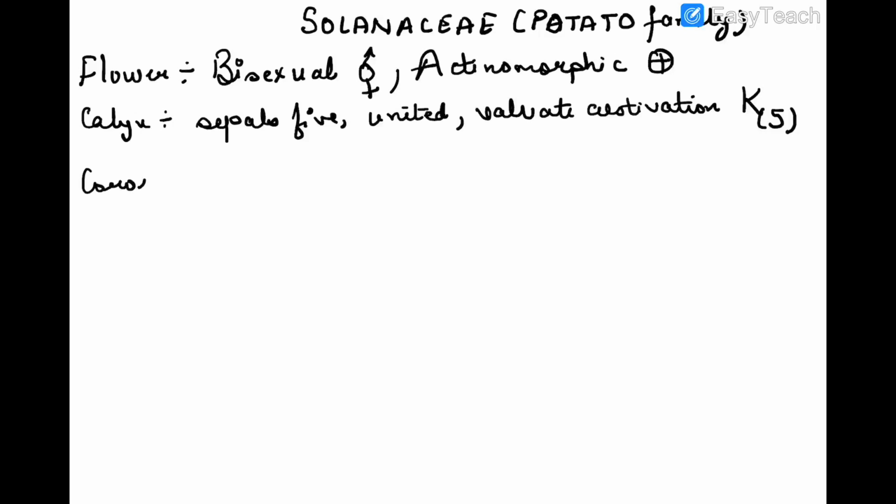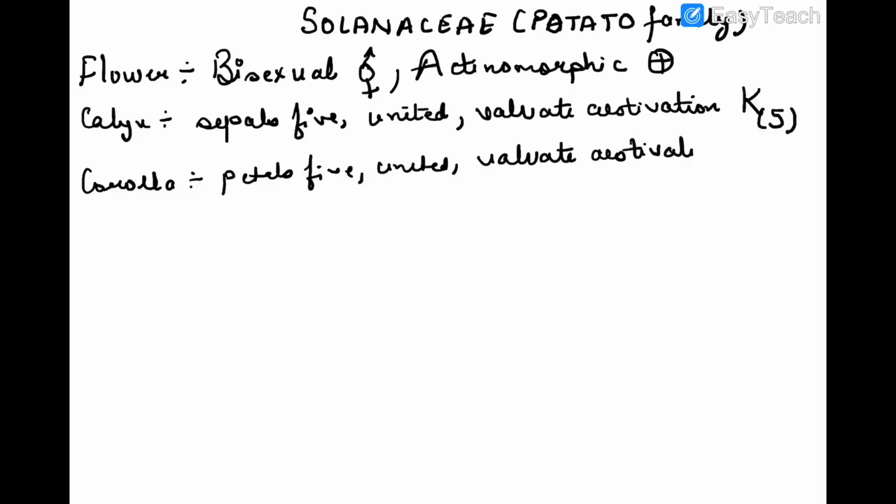Corolla, there are petals which are again 5, which are again united and again having valvate aestivation, in which the sepals and petals just touch each other without any overlapping. So C5, and putting it in bracket.